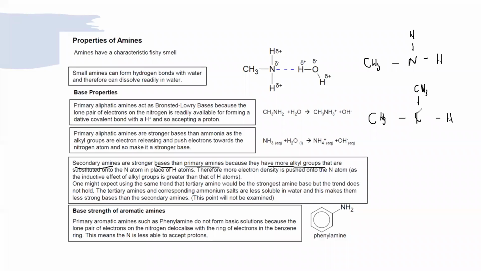Why? This is a nitrogen group, and alkyl groups or carbon chains are electron releasing groups. So they make this nitrogen negative. But because two alkyl groups are there, they make this nitrogen more negative, so it can attract the proton. If something can accept a proton, it will be an alkali.